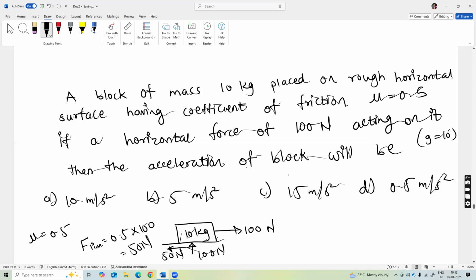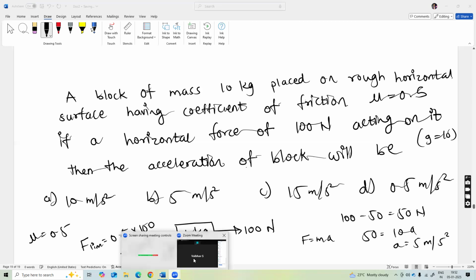So net force acting on the block will be 100 minus 50, that is 50 Newton, in the right direction. So F equal to ma. So 50 is equal to 10 into a. So a will become 5 meter per second square. You got this?